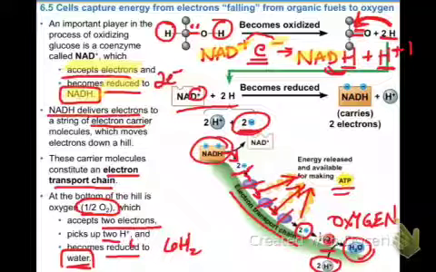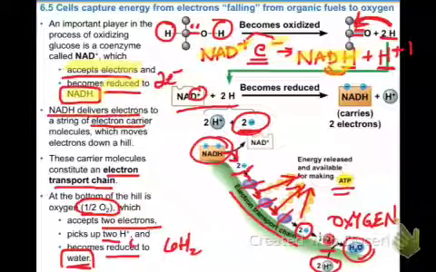And then when it gains a second electron, it becomes NADH. I'll show you what that looks like. That forms a bond with the next hydrogen, so it becomes NADH.